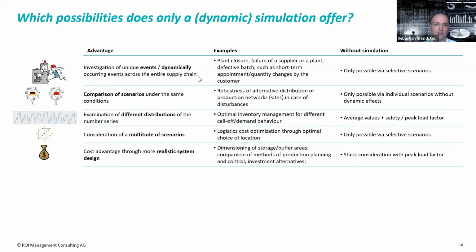For example, if you talk about dimensioning storage buffer areas or investment alternatives, in the static calculation you will have a safety factor or a peak load factor. Here you can use the dynamic behavior of the past to calculate what you really need as safety factors. Maybe one example: I had a project in the automotive industry to dimension the buffer for car bodies.